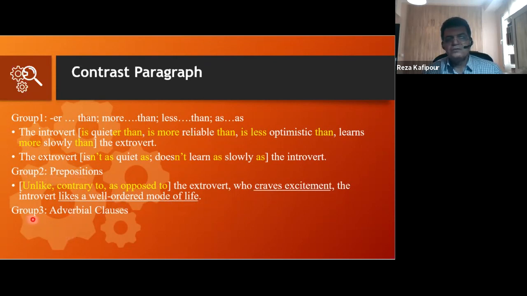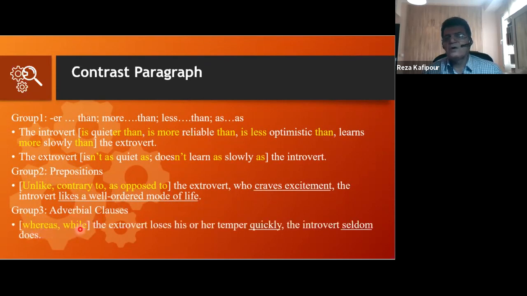The third group is the use of adverbial clauses by using "whereas" and "while". Let's say in this way: whereas the extrovert loses his or her temper quickly, the introvert seldom does. So the basis of comparison is "quickly" and "seldom".